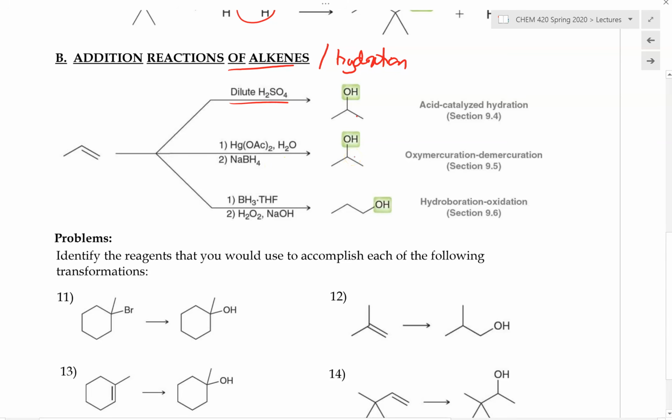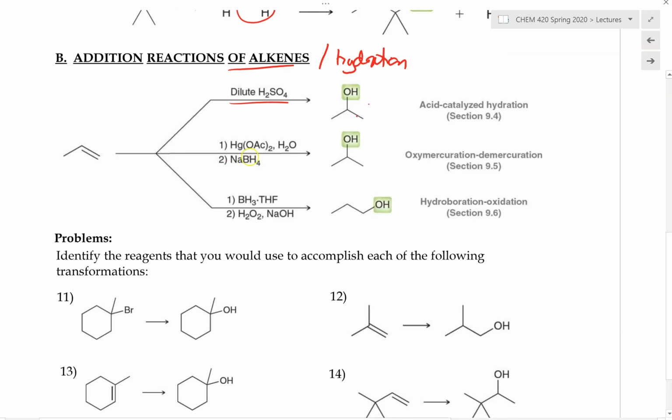And we can also do the hydroboration followed by oxidation method to make our alcohol. And please note the differences. In the case where we use acid-catalyzed hydration, this is the Markovnikov addition. So this is the Markovnikov product.